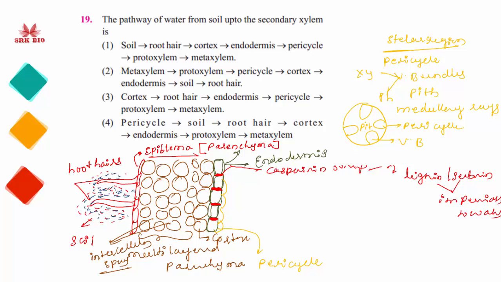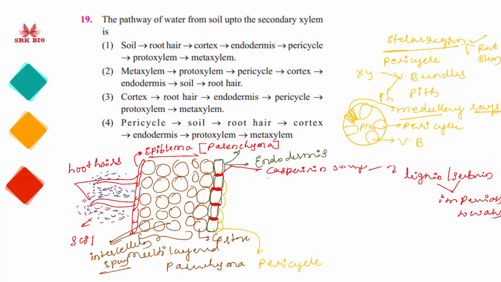The central part is called pith, and vascular bundles are separated by elongated parenchyma cells, which are called medullary rays. This entire portion represents the stellar region. It is applicable to both root as well as stem. If you use the term stellar region, understand that it is covered by pericycle.